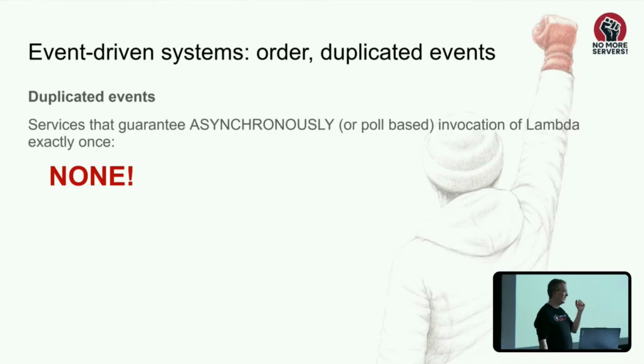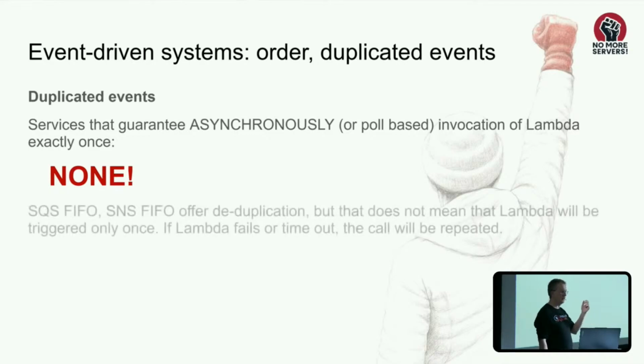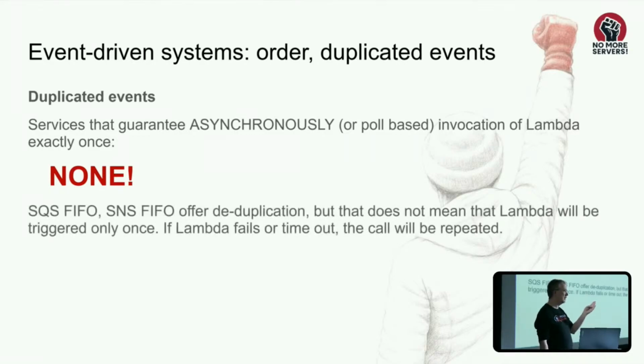And that could be really confusing, especially if you know that SQS FIFO and SNS FIFO offer deduplication, meaning you throw the same message into SQS FIFO and it removes duplicates.